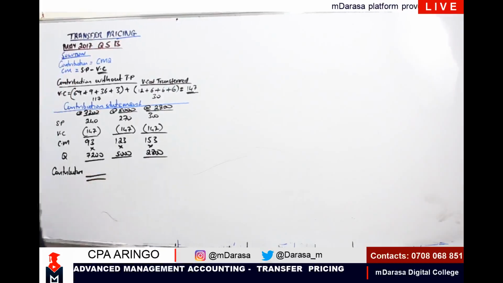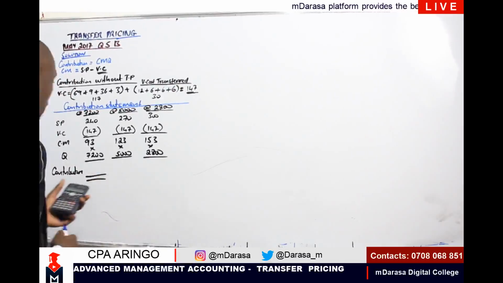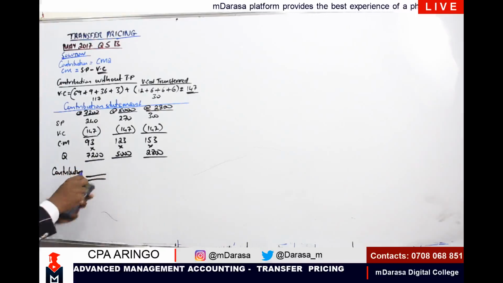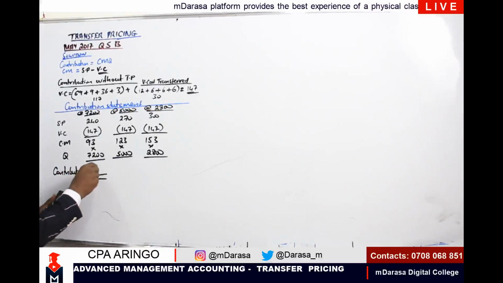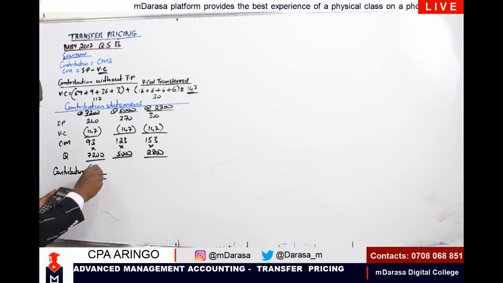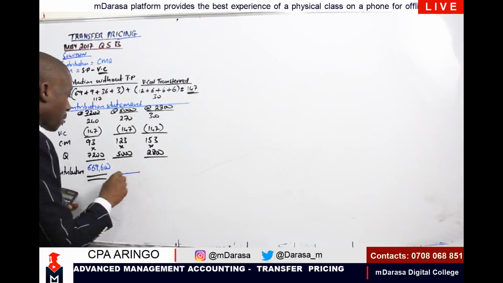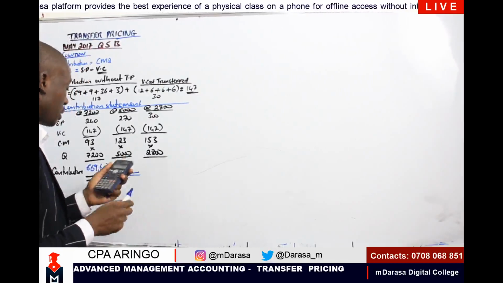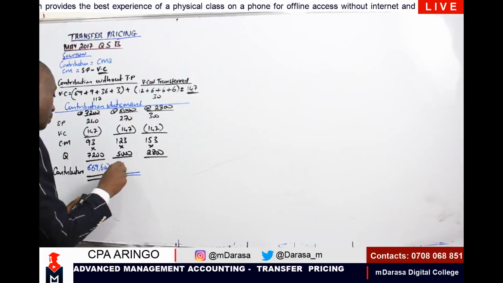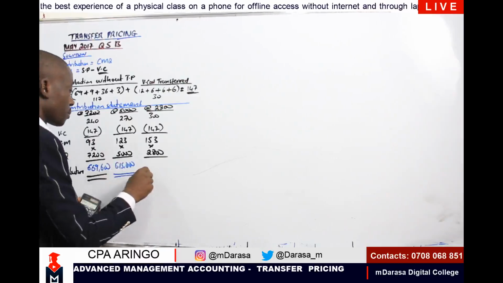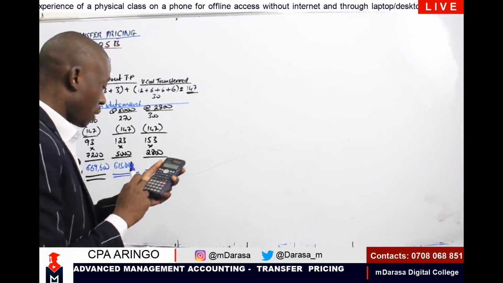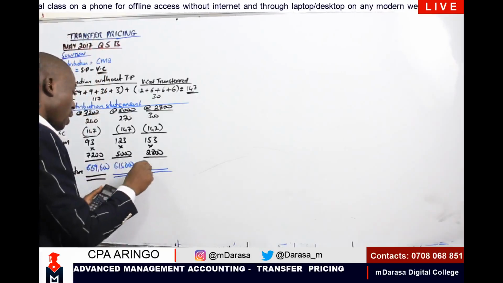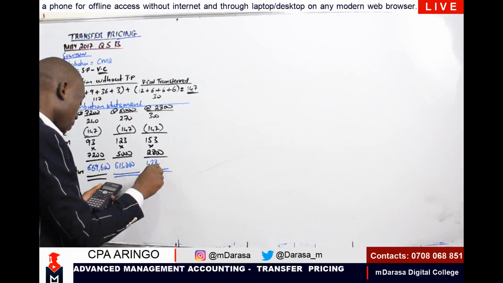The first one, we can agree, we have 7,200 times 93, that should give us 669,600. Then 5,000 times 123, 615,000. Then 153 times 2,800, 428,400.